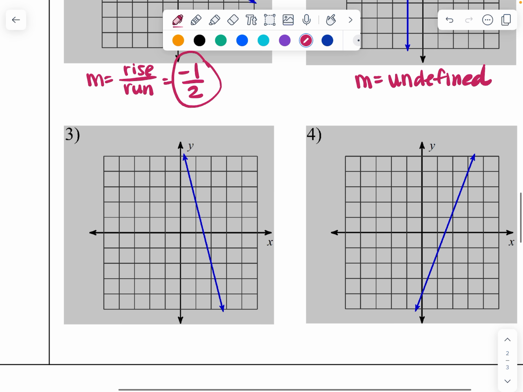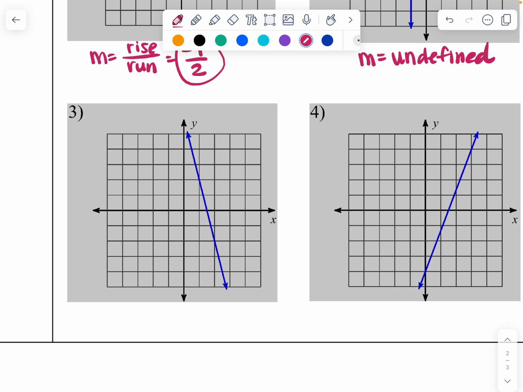Number 3. Here's a line moving from left to right. I have a point here and a point here. So to move from the point on the left to the point on the right, I would have to move down 4 boxes. So I'm going to call that -4.